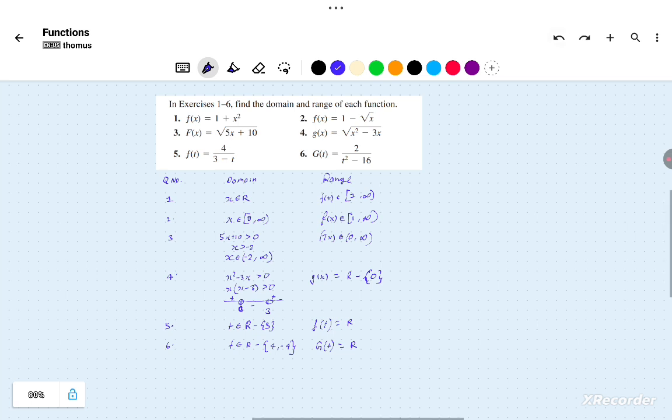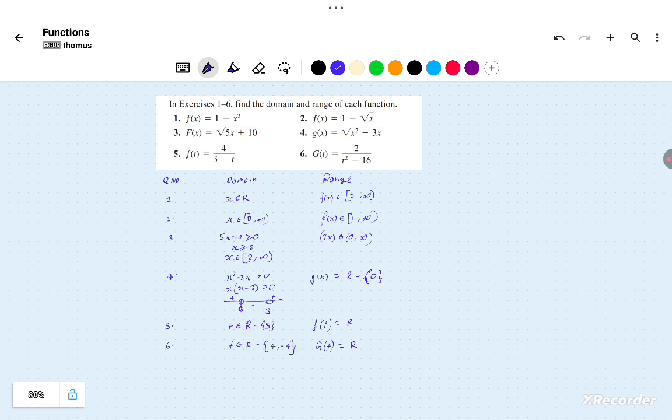Considering 3, definitely this has to be a real number, so my 5x plus 10 has to be more than or equal to 0. Therefore my x is always going to be more than or equal to minus 2.